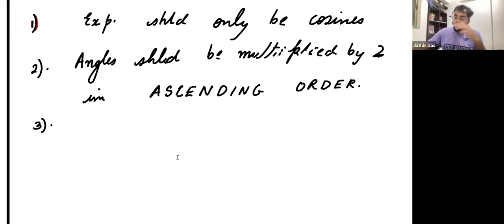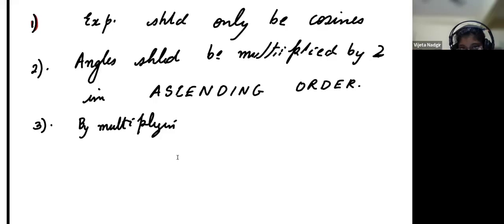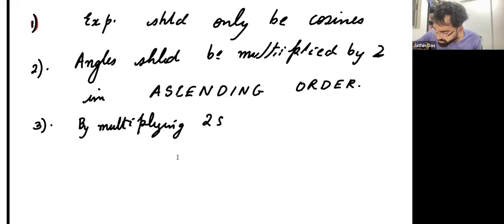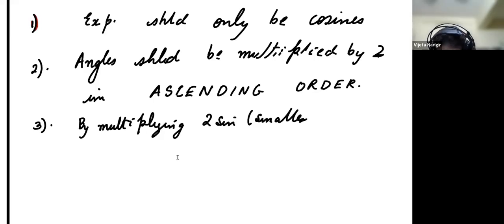Then last, you just have to know this. After this, you can directly apply the formula. But you also have to write how we multiply. We multiply and divide by 2 into sine of the smallest angle, in numerator and denominator.